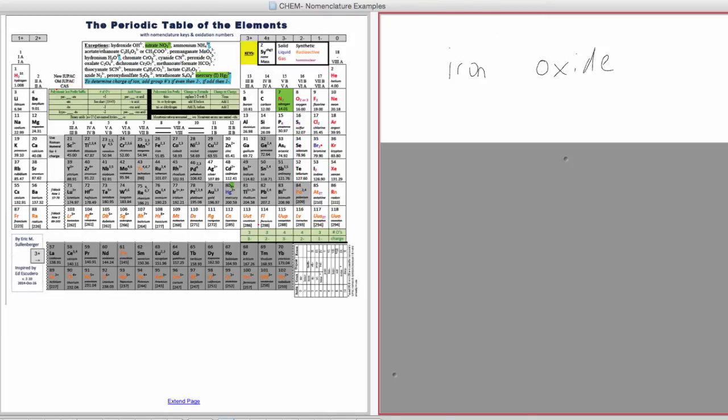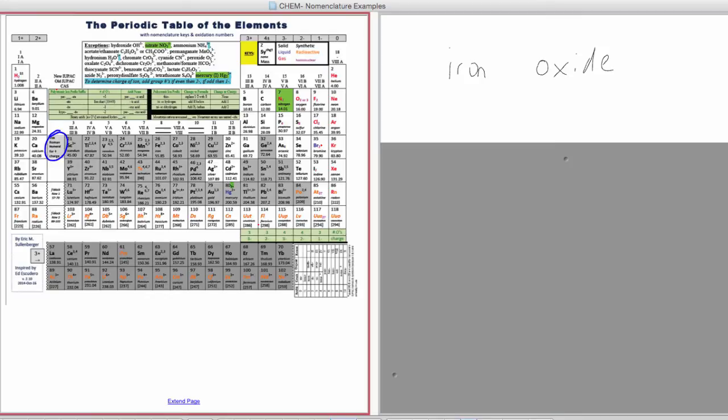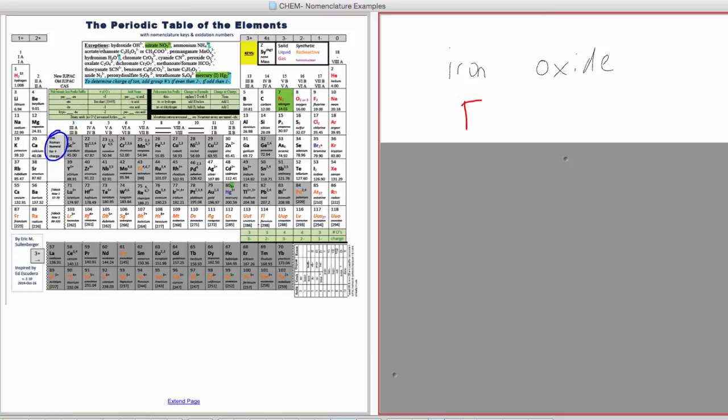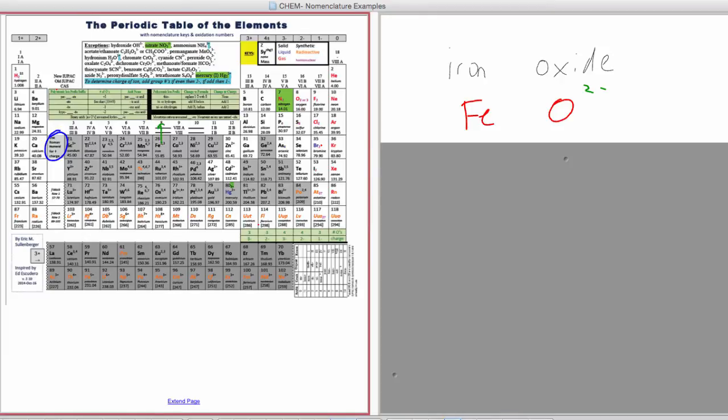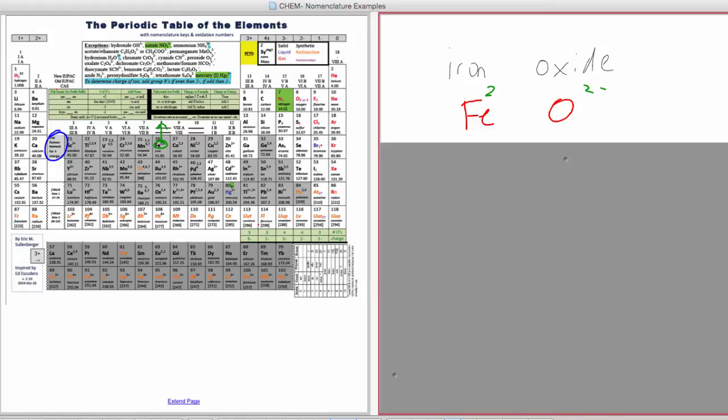There's yet even more with the stock naming system. So we haven't done any of the transition metals yet, and that's because of this box right here. If we wanted to find out the formula for iron oxide, we could start this. Iron is Fe, oxygen is O. Oxygen's charge is 2-. Iron's charge, there's nothing up above, but next to it here there's 2, 3.